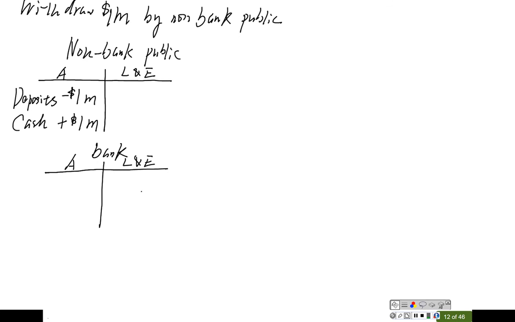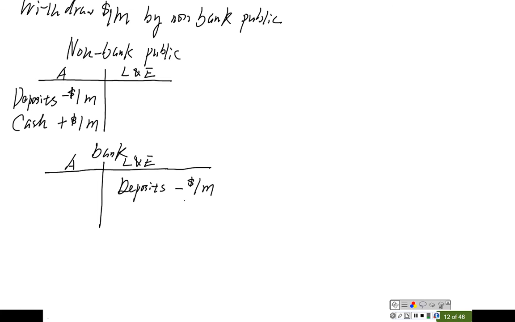So what happened to the bank after this withdrawal request? You need to record the deposit from the non-bank public as a bank's liability. So after this transaction, the deposit in the bank declined by $1 million. And if you still remember, when we studied the bank operation, anything that happens to the deposit, the same amount will happen to the reserve too.